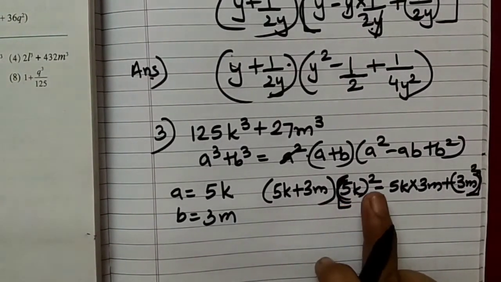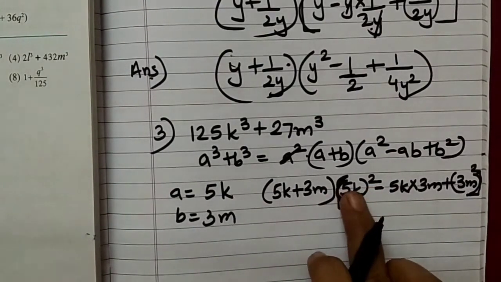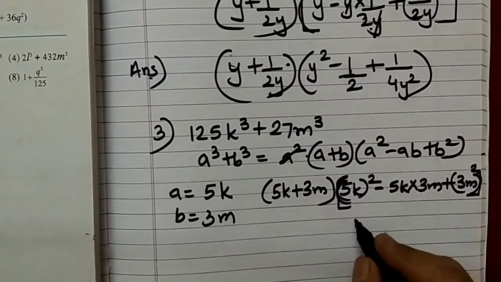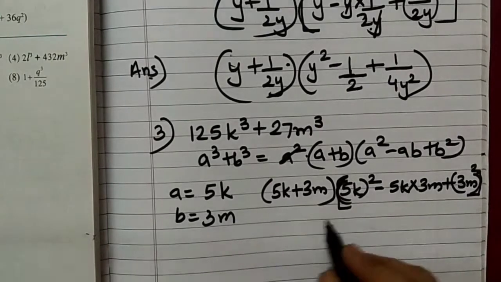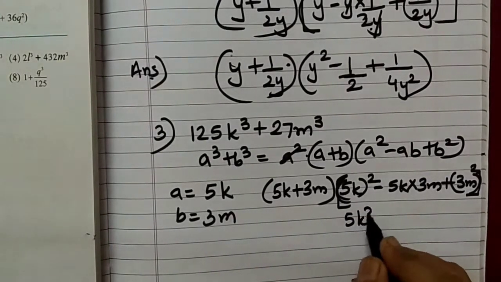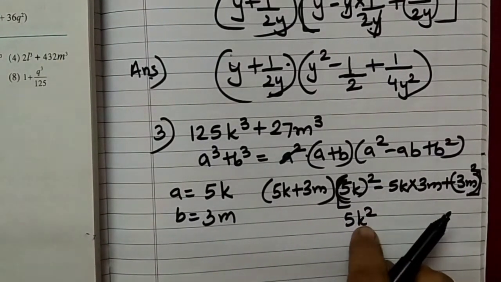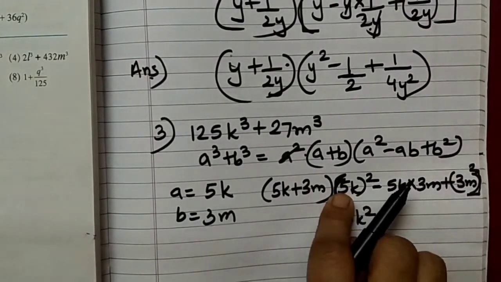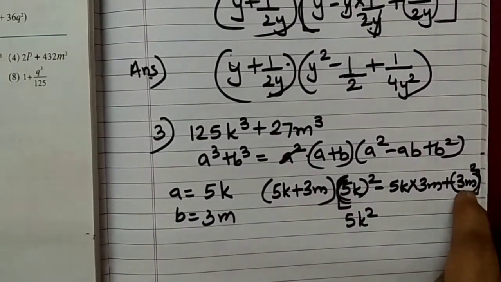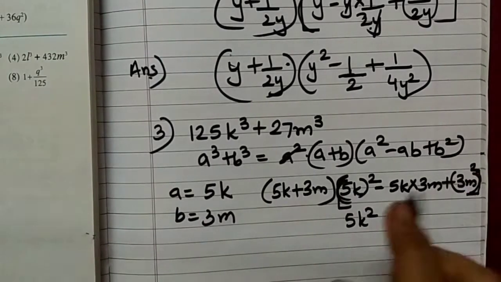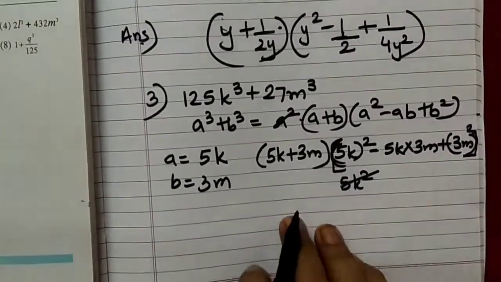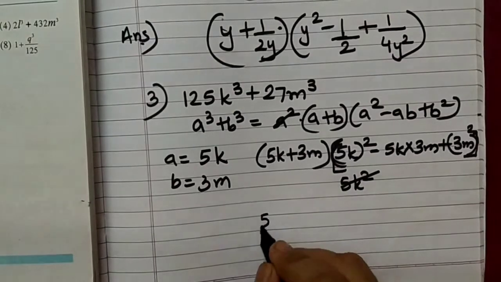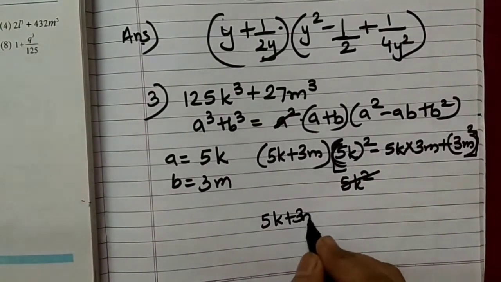Because there is 5k and the square is for both 5 and k. If I just write it as 5k square, the square will be only for k, not for 5. But the square is for both 5 and k. Same way here the square is for both 3 and m. That's why I have to put it into bracket. Now 5k plus 3m will remain as it is.